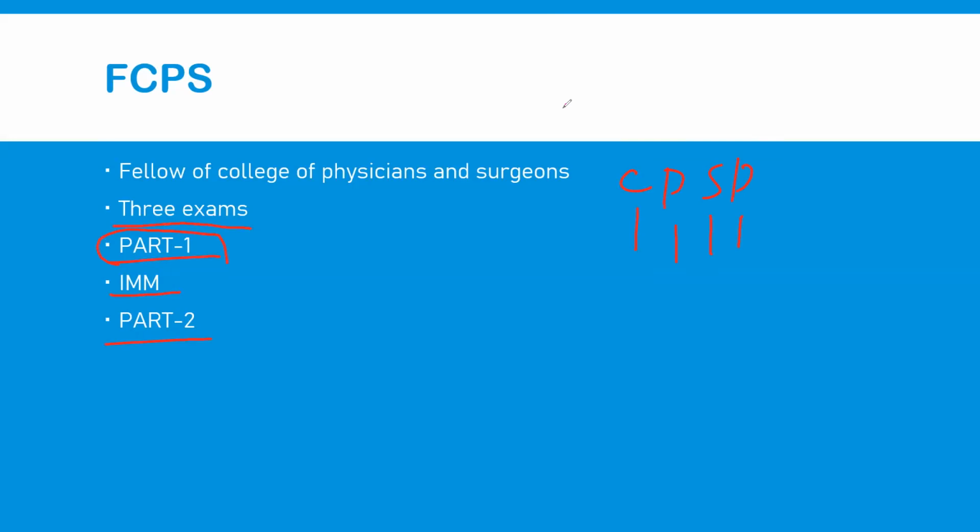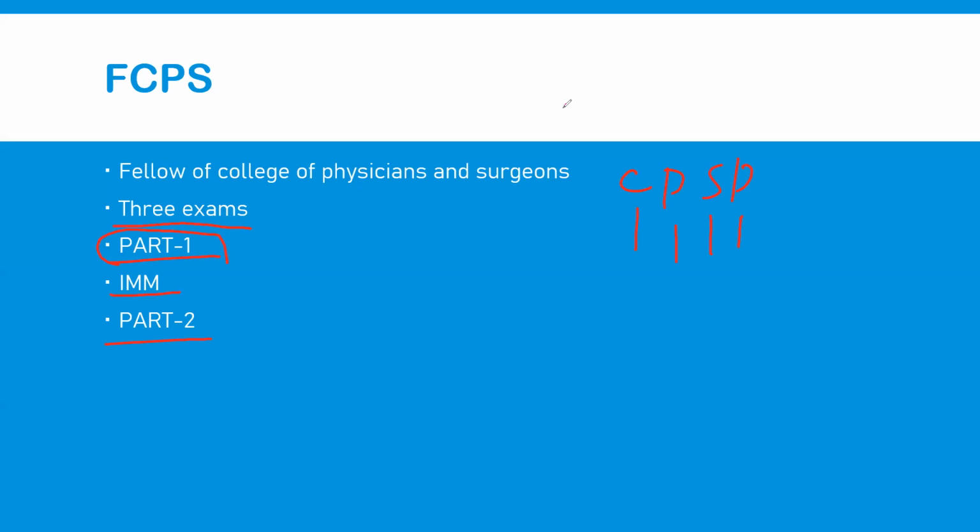Once you clear your FCPS part 1 exam, then you will enter into your residency program. You are supposed to apply through the CIP pathway or other pathways, and you can apply all over Pakistan in any one of the hospitals, in private setup, in government setup, everywhere, with your part 1 after clearing your part 1 exam.